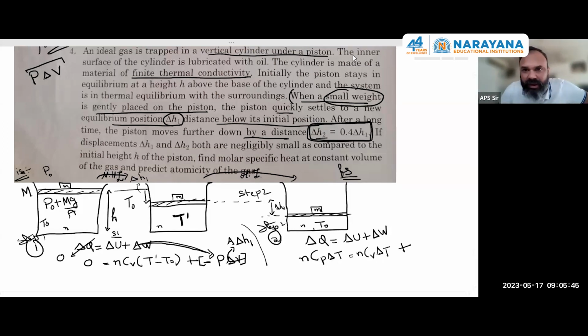So this term here can be written as P delta V term. Because in this case, while I'm analyzing, I know the pressure is constant. So I could have directly written P delta V here.